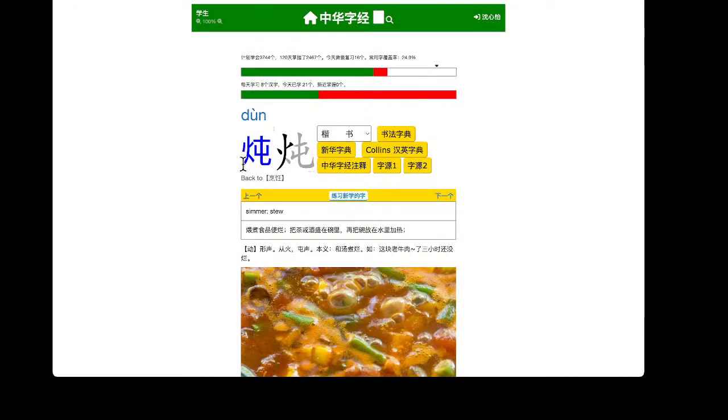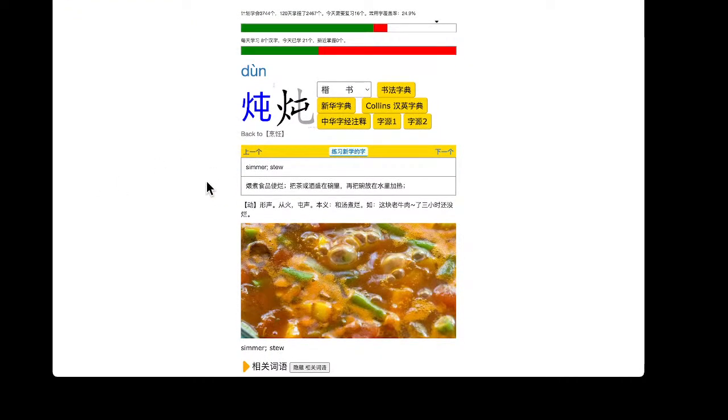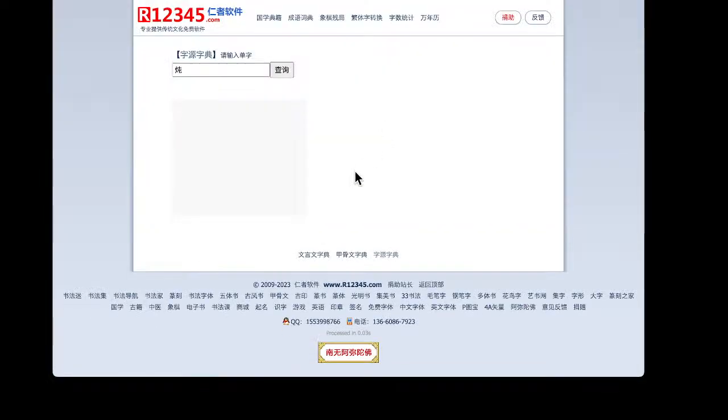Now next one, 炖. 炖 is simmer, stew. Slow cooking. For this type of slow cooking, you need to put in a lot of water and sauce, put them together and then use low heat and cook for a long time, until the food becomes very tender. So this is called 炖. Take a look at the characters.